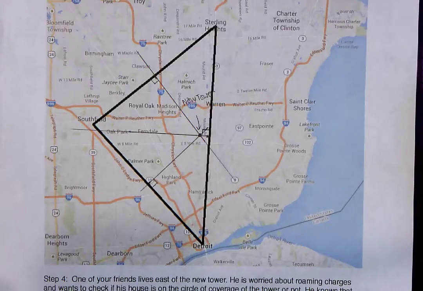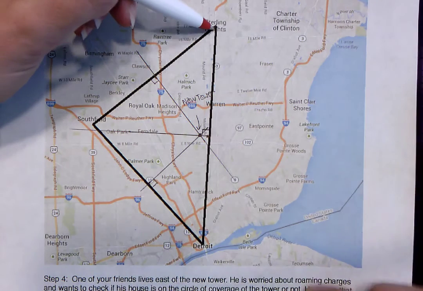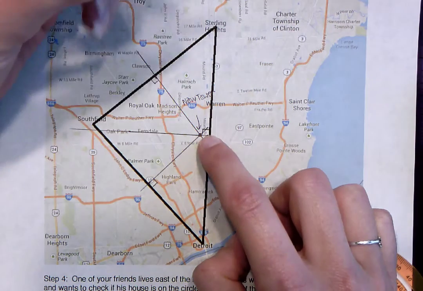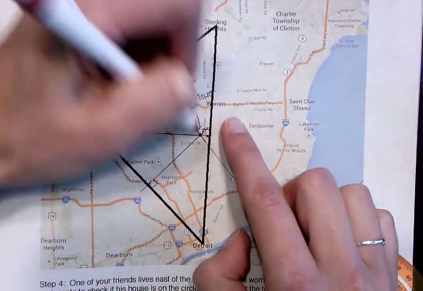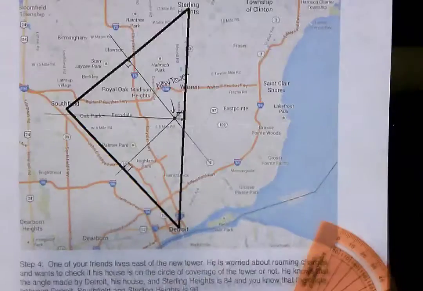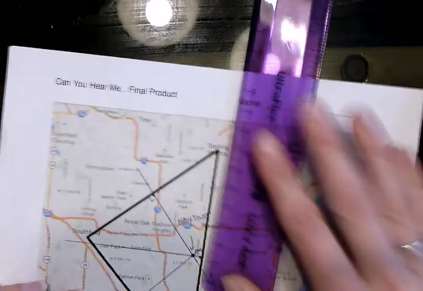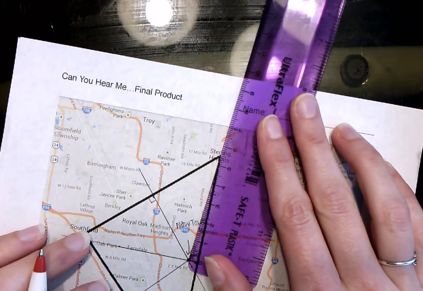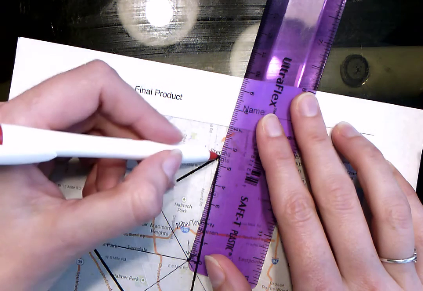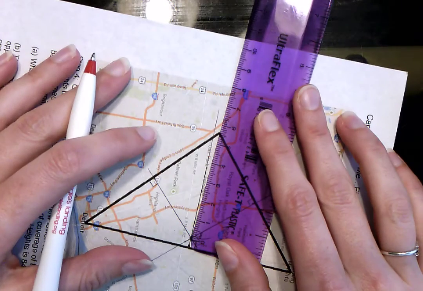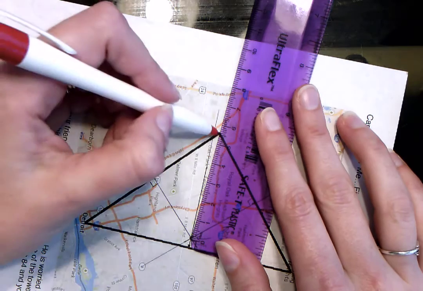And notice too, if you look at the distance from this point, from here to here, it would be the same. Let's measure it. The distance from the circumcenter to Sterling Heights is about 5.5. So we should expect the other ones to be really close to that. Look at that.